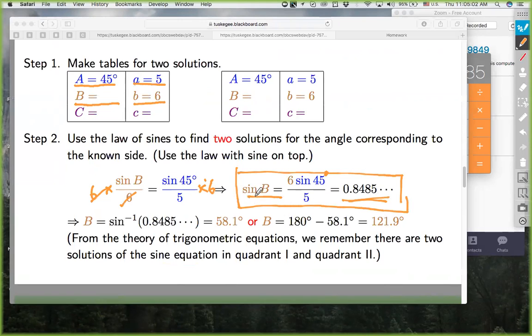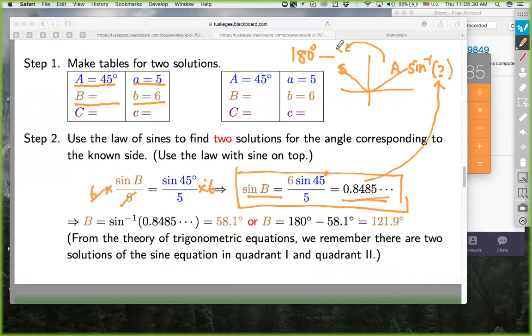For this section, 7.1, the law of sines, it is typical that you get two solutions, in the first quadrant and the second quadrant. So the two solutions are just the inverse sine value, whatever number that you're given here, just take the inverse sine value. And the second solution is 180 degrees minus this angle value here.